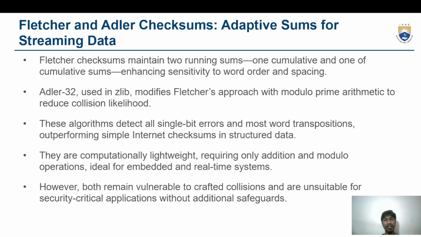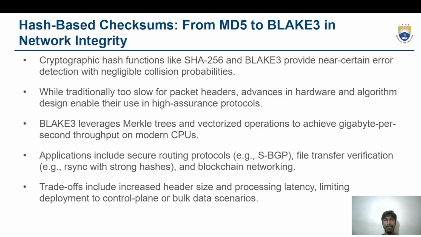These algorithms detect all single-bit errors and most word transpositions. They are computationally lightweight, requiring only addition and modulo operations, ideal for embedded and real-time systems. However, both remain vulnerable to deliberately crafted collisions and are unsuitable for security-critical applications without added safeguards.